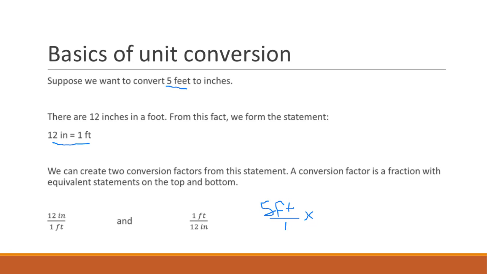And you'll see this as a common theme as we're moving forward: what I have to start is going to be in the numerator here, feet, and what I want is going to be in the numerator of my conversion factor, meaning inches needs to be on top here. And so what we get is 5 feet times 12 inches is going to equal 60 inches, right?